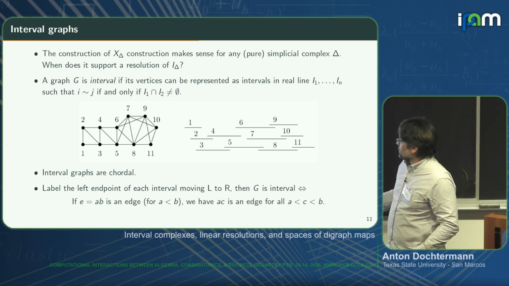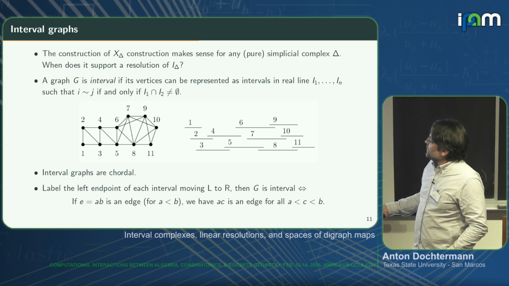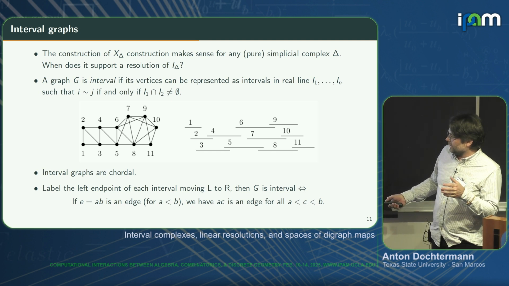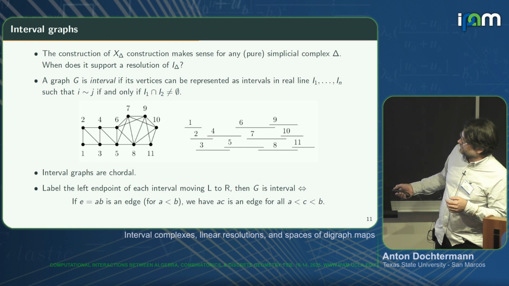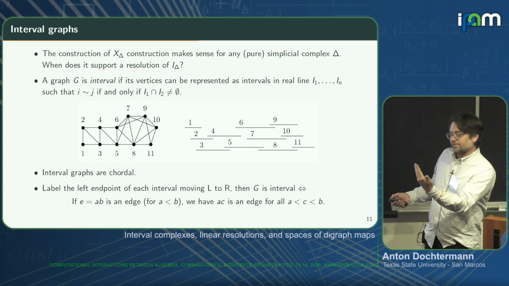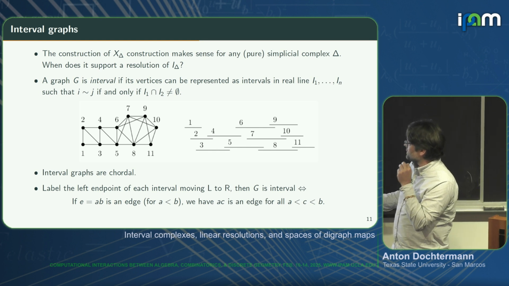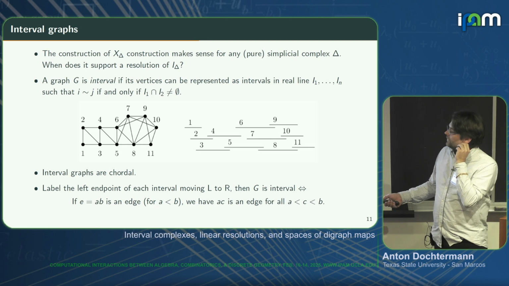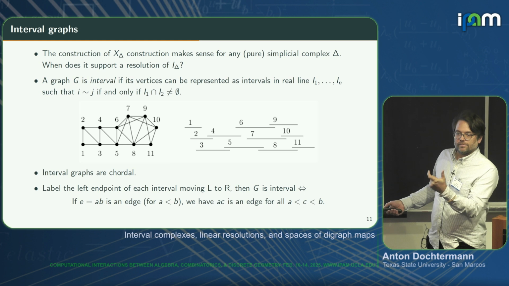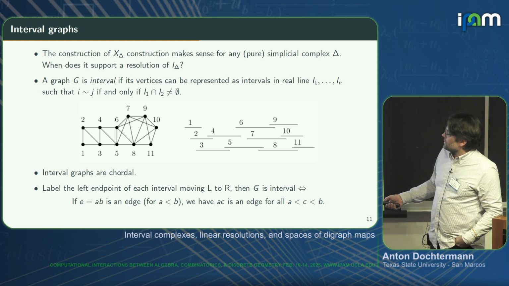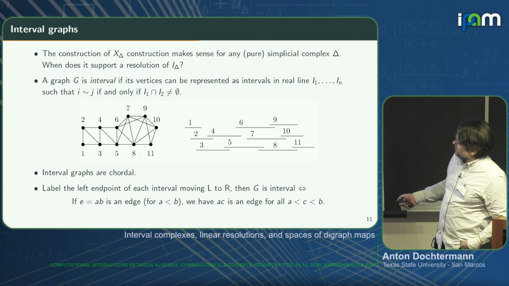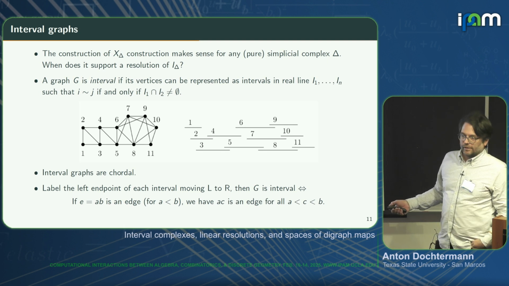And here's something I only learned fairly recently: there's another way to characterize interval graphs. If you label the intervals moving left to right as you see the left endpoint, like they did here, then G is interval if and only if you have this condition: whenever you have an edge AB, and remember A is always less than B in my convention, then AC should be an edge for all C bigger than A and less than B, because I wrote it that way.